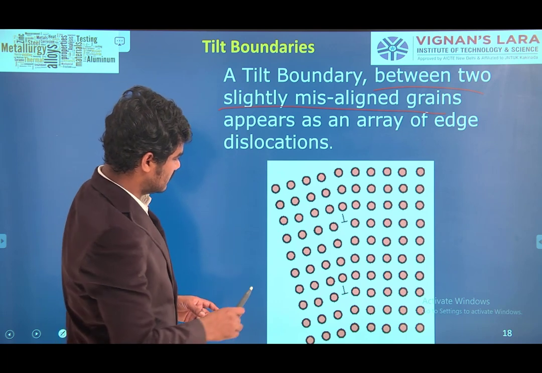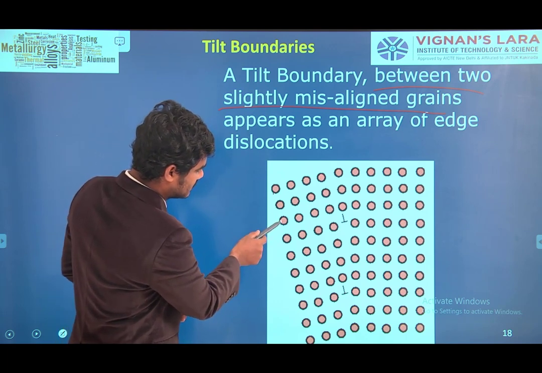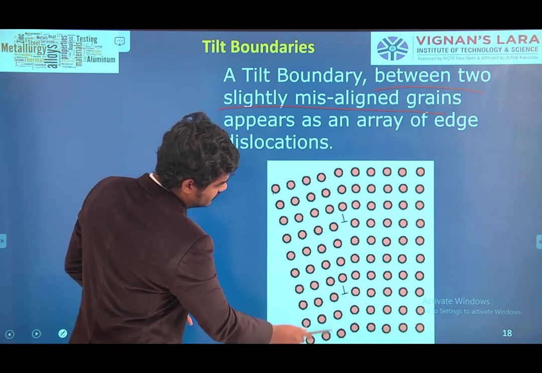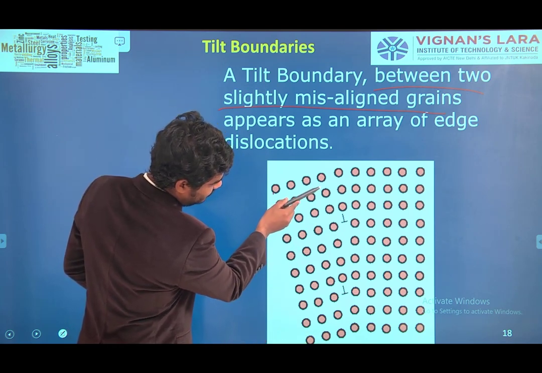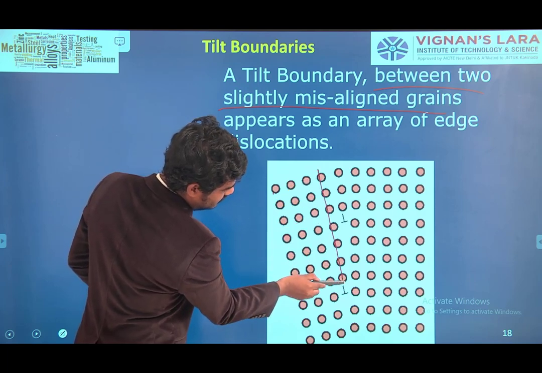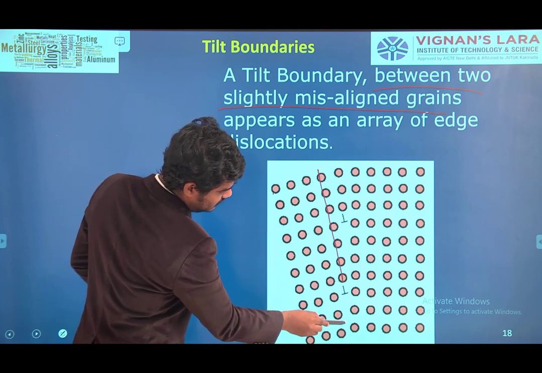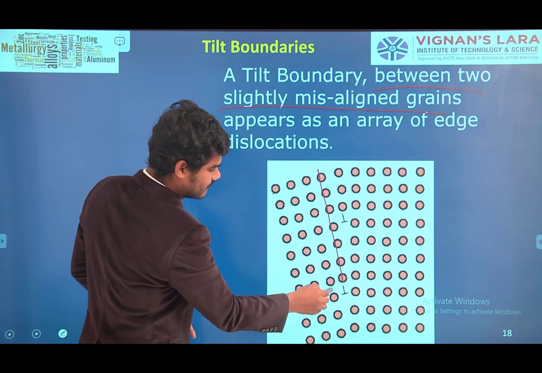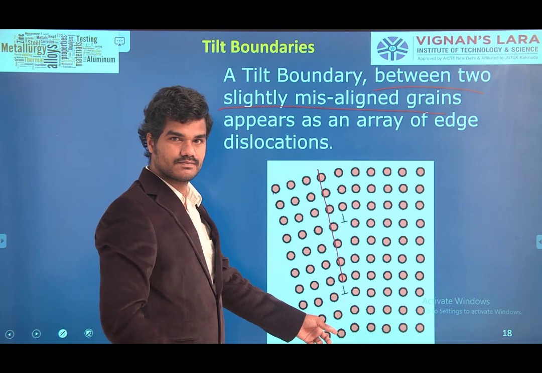See here, what is the arrangement of atoms in the grain? This line is okay, the second line is also okay, the third line is also okay. But in the fourth line, from here to here the atoms are there, whereas here there are no atoms.